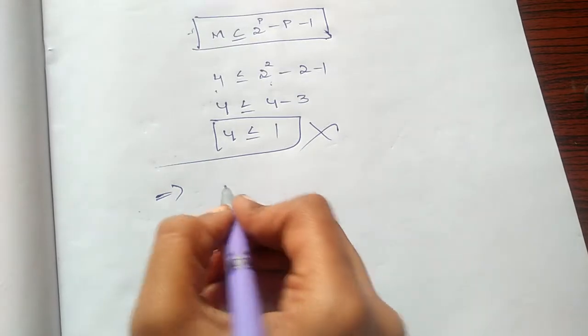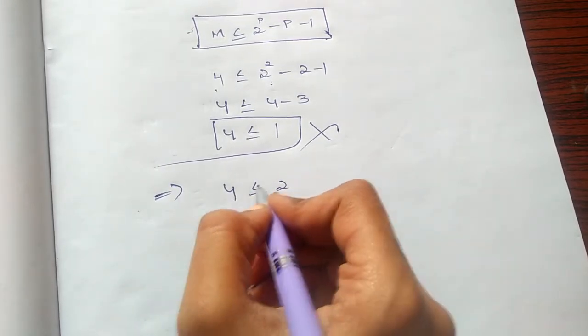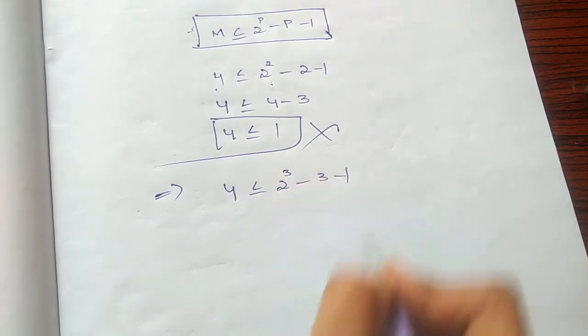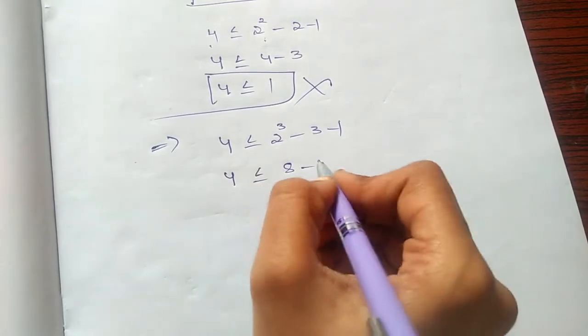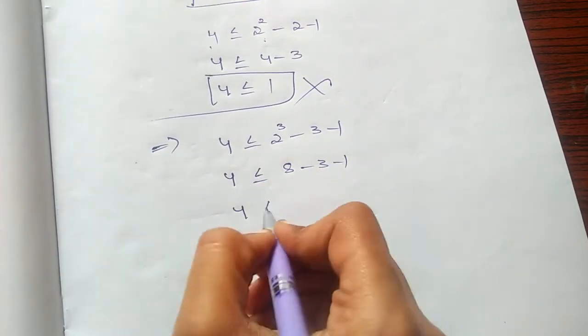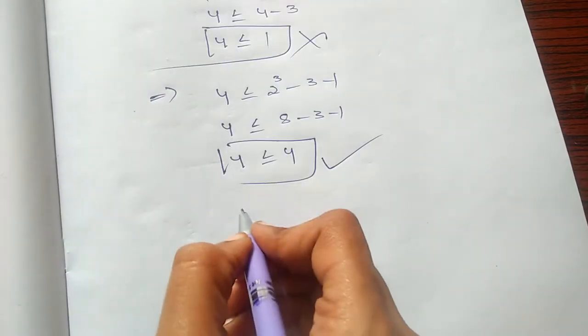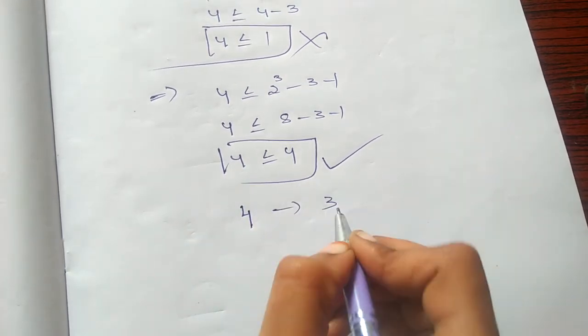Let's check with another number. 4 less than or equal to 2 power 3 minus 1, so 4 less than or equal to 8 minus 1, 4 less than or equal to 7. Yes, it is correct. So with 4 message bits, you can send 3 parity bits.